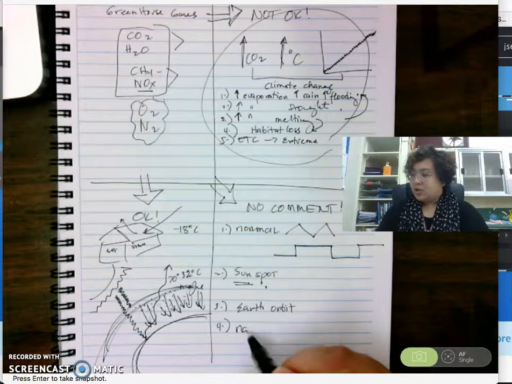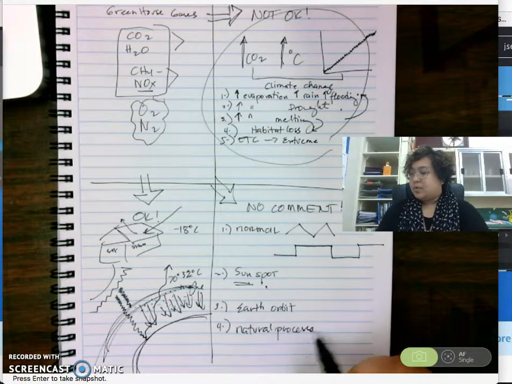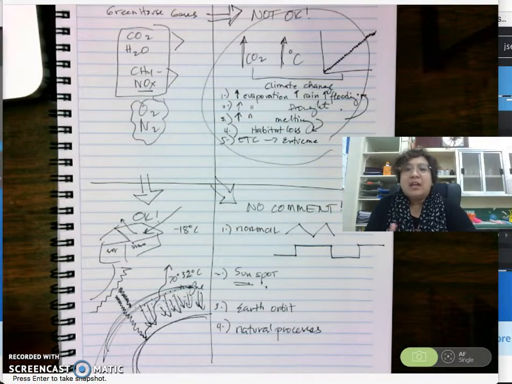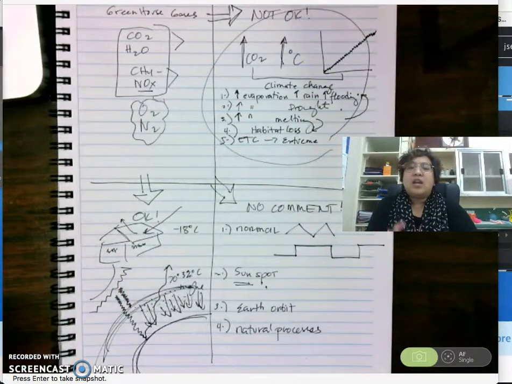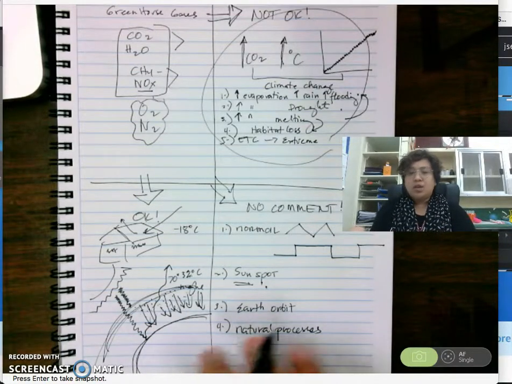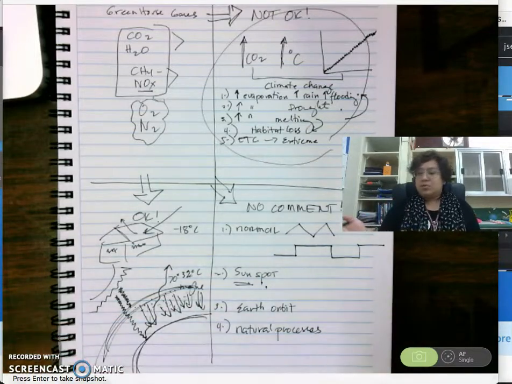Another one is natural processes. So, intermittent volcanic activities. You know that right after a volcanic eruption, there's a phenomenon called global dimming. So these ones we cannot control. What if it happens? Then global dimming, the Earth will cool down.